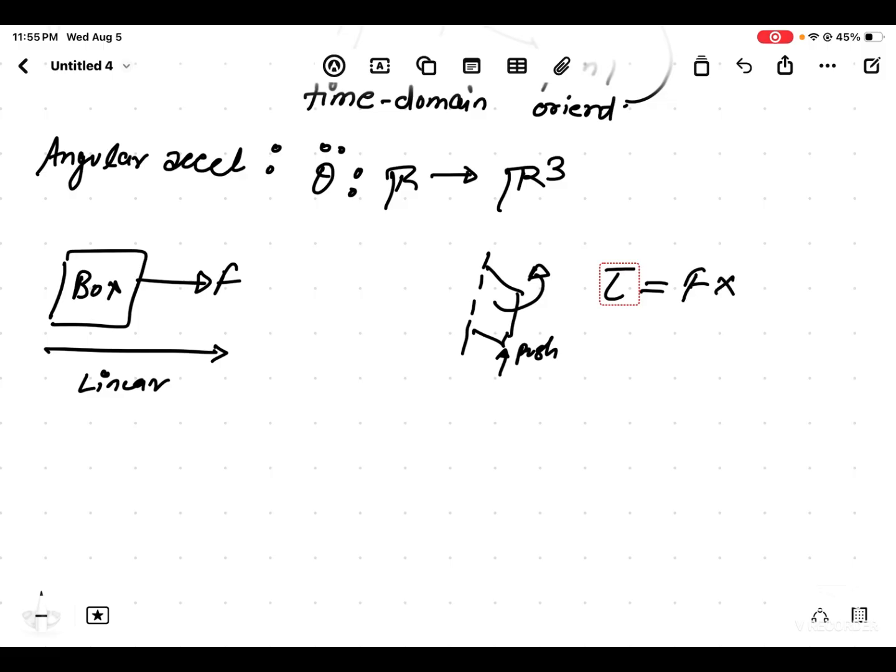Torque is F cross R perpendicular. F is the force or push we are applying here, and R is the perpendicular distance from the axis of rotation.